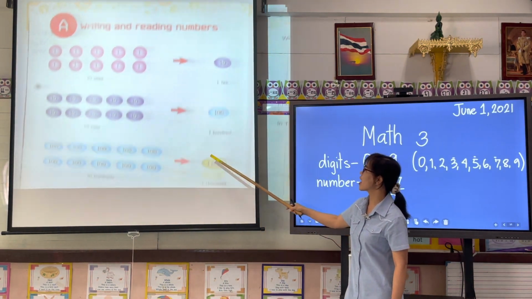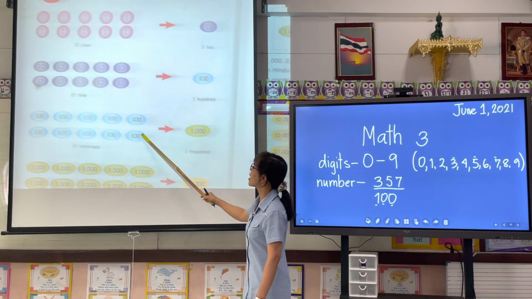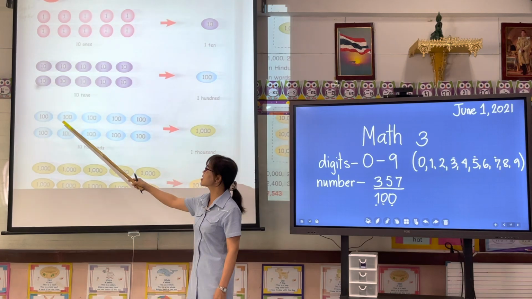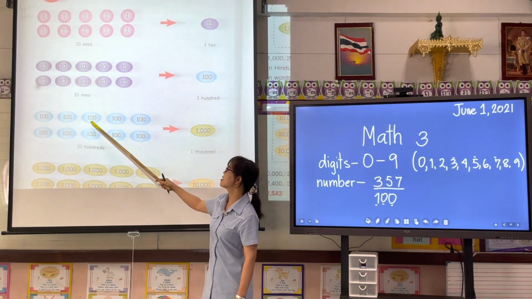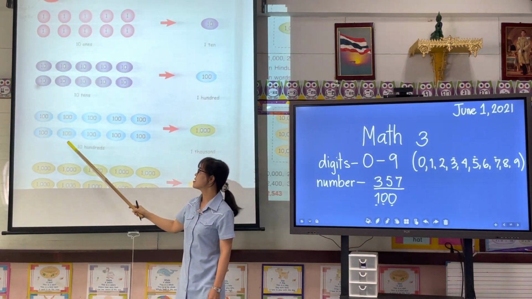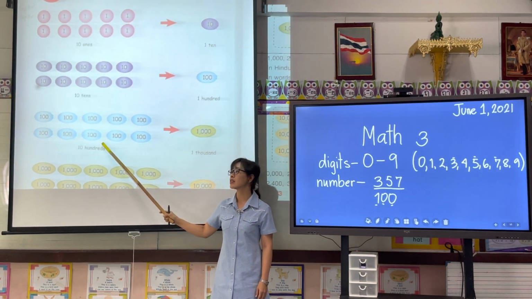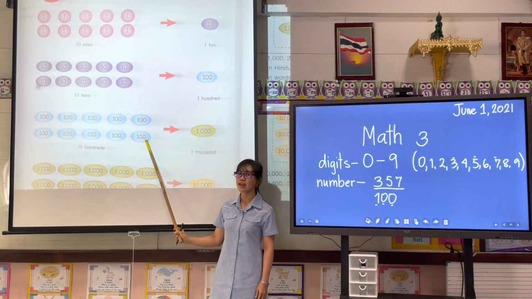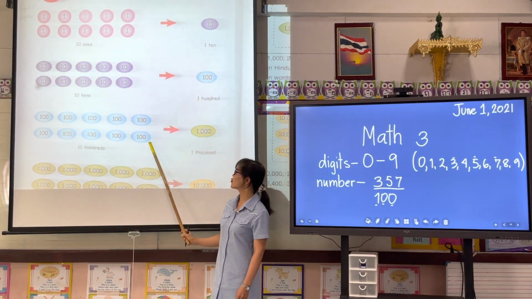Now let's try to count by hundreds. By hundreds, that is 100, 200, 300, 400, 500, 600, 700, 800, 900, and what's next to 900 is 1,000.